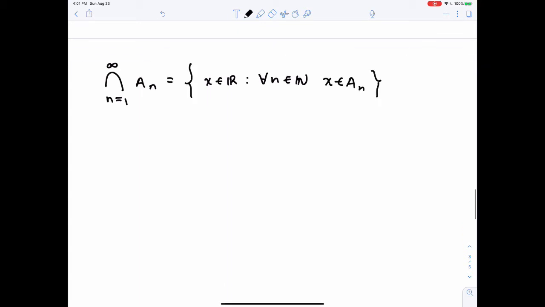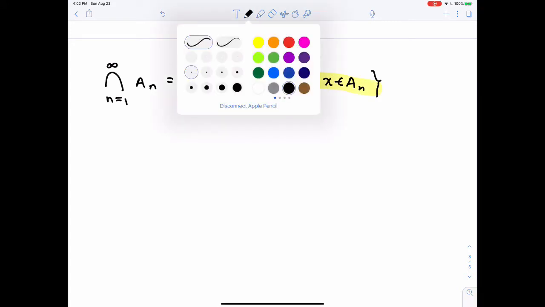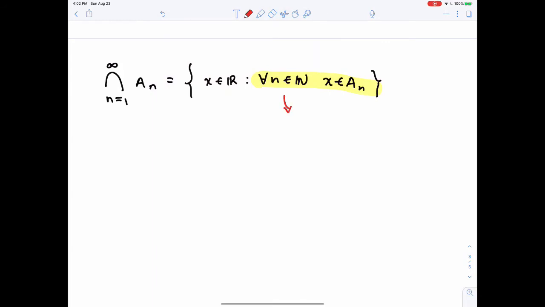So what we're really saying here when we write this out, remember we have an interval, so we're claiming that x satisfies the interval inequality for all n. So no matter what value of n I plug in, x has to be sandwiched in between 0 and 1 over n.